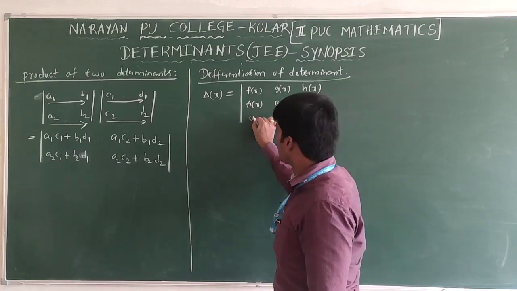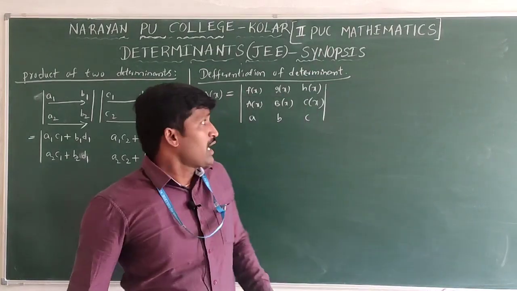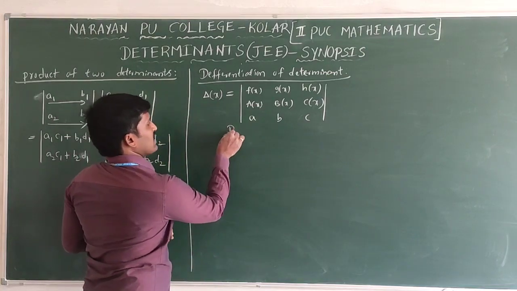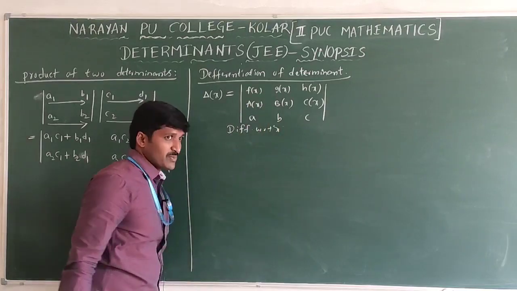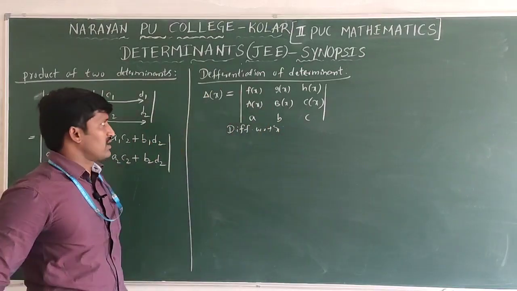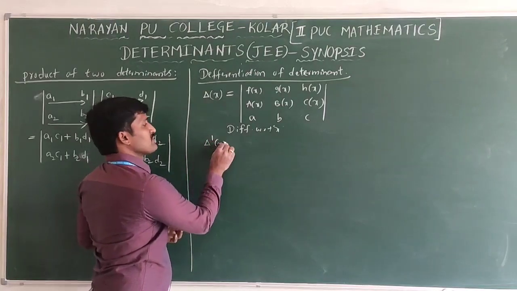Third row some constants, small a, b, c. Now to differentiate this, because the functions are in terms of x, we just differentiate with respect to x. We can write this as delta dash of x.